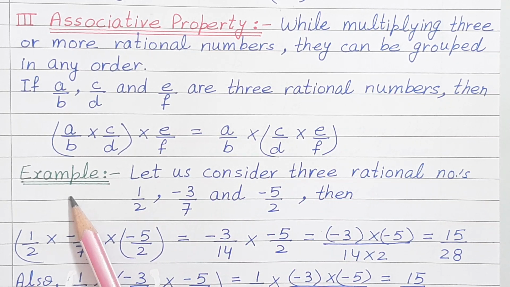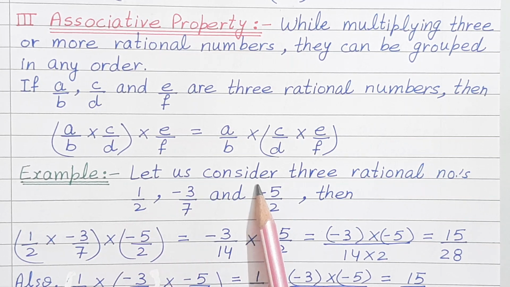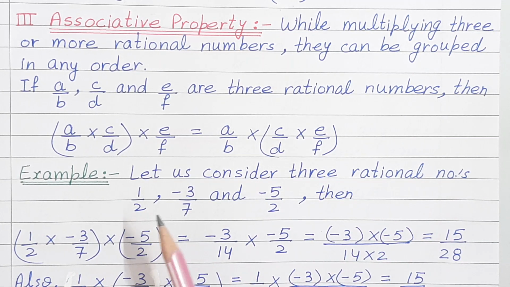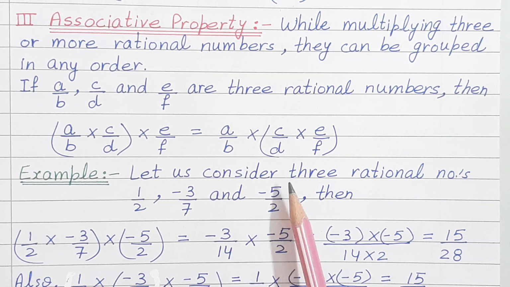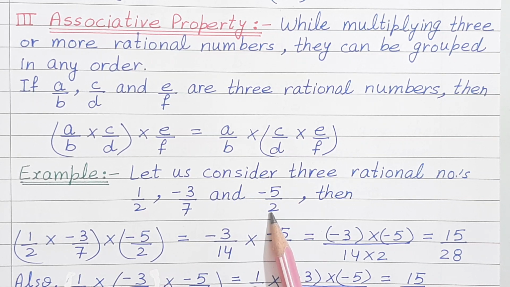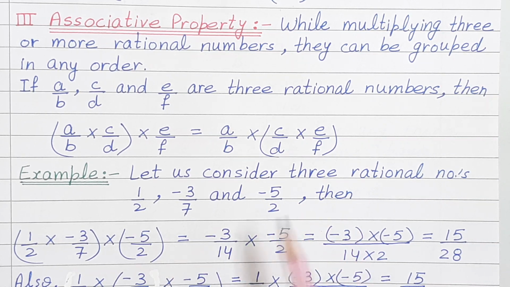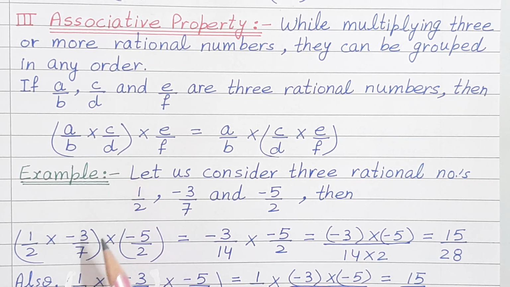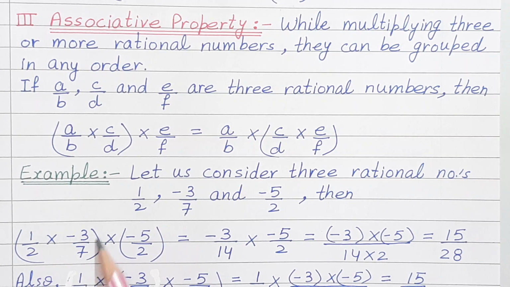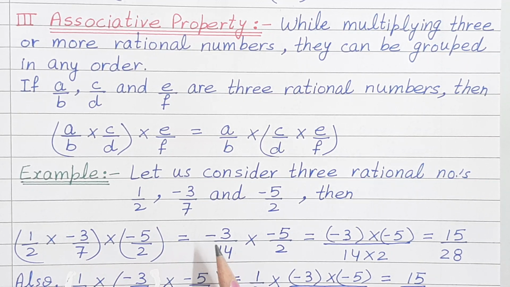So the example here: let us consider three rational numbers, 1 by 2, minus 3 by 7 and minus 5 upon 2. Then the left hand side is 1 upon 2 multiplied by minus 3 upon 7, within the bracket, which gives us minus 3 upon 14.